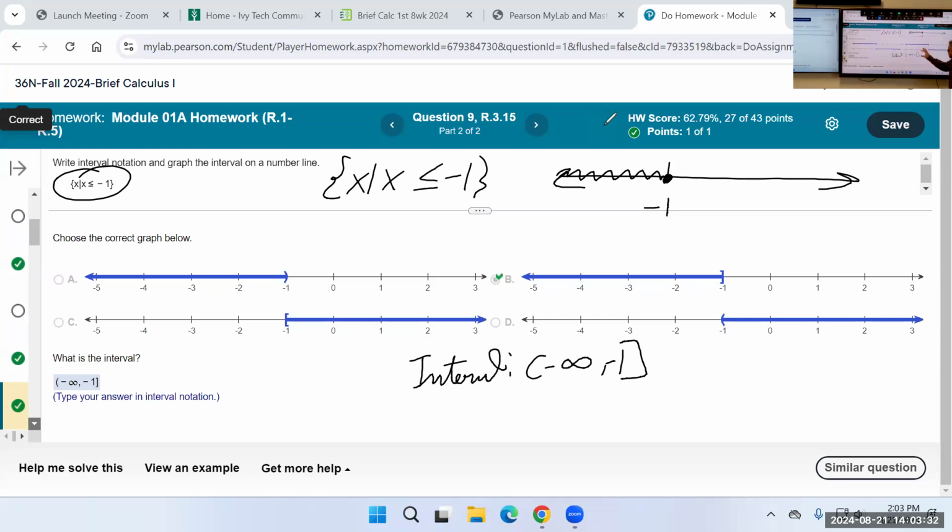I put parentheses around -infinity, because we never reach -infinity. There's always a more negative number. We want to include -1, so I'll put a bracket there to show that that's what I want. So hopefully that's familiar, at least you have seen that before, I imagine.